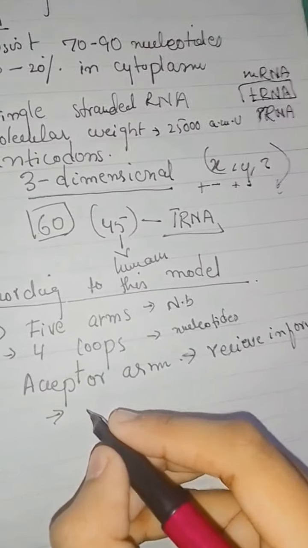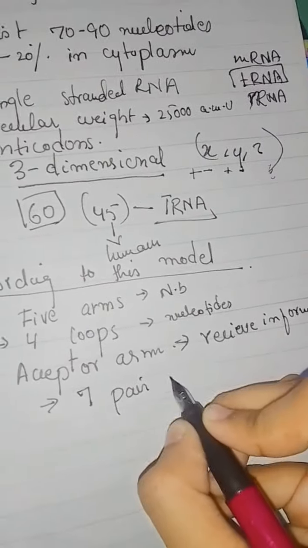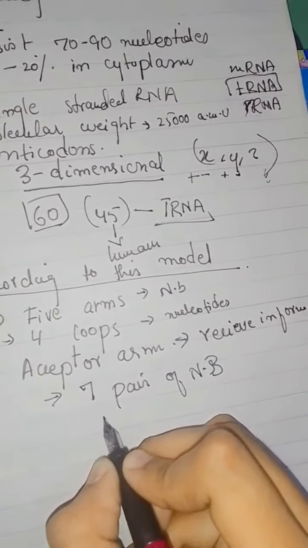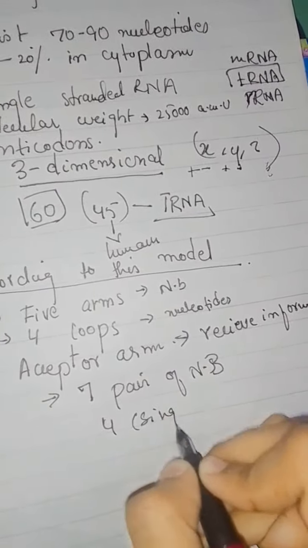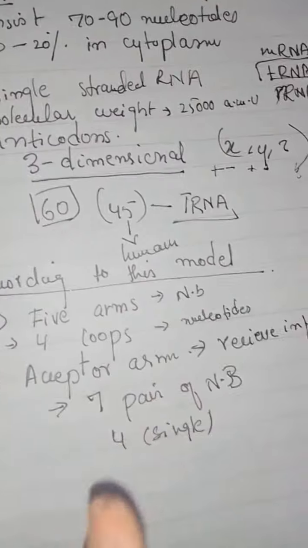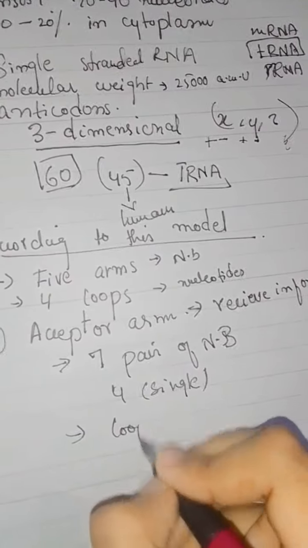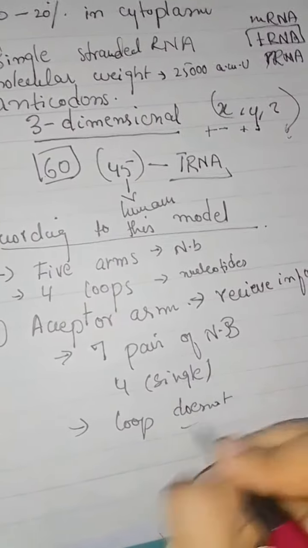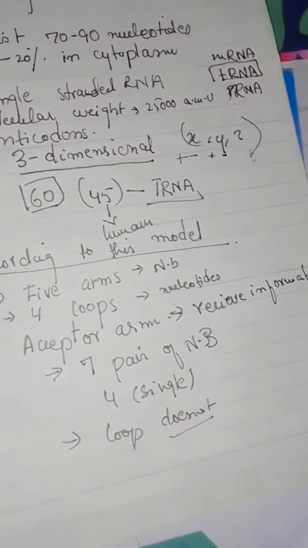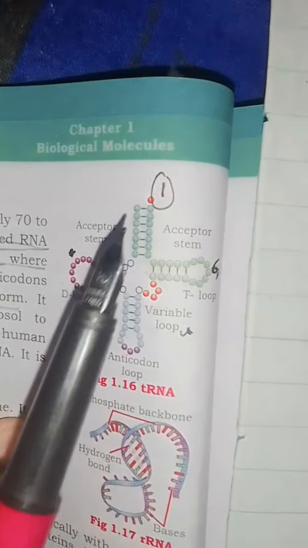There will be 7 pairs of nitrogenous bases, out of which, if we talk about single, there will be 4 single nitrogenous bases, but if we talk about pairs, it will be 7 pairs. As I said, it does not have a loop, but it has an arm, and it consists of 7 pairs of nitrogenous bases, and it receives information from the messenger RNA. Now this was the first arm.